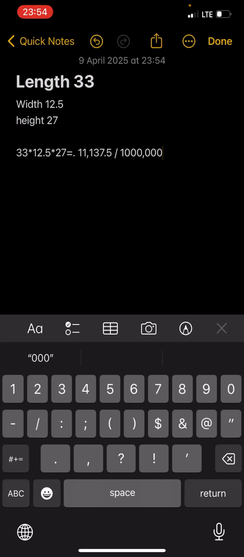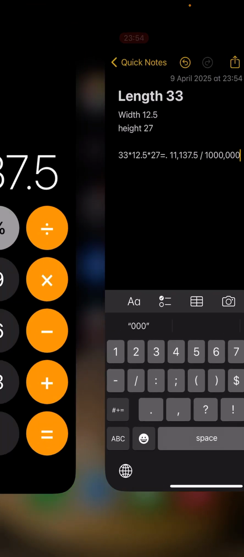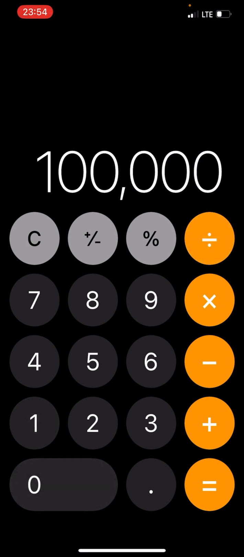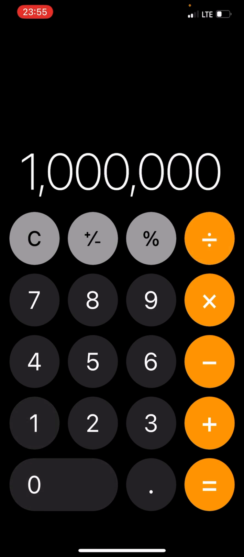Are you understanding to this point? Well, should I start all over? No, let's not start all over because I don't want to waste people's data. But I'm sure this is simple. So this answer now, divide by 1 million naira equals what?